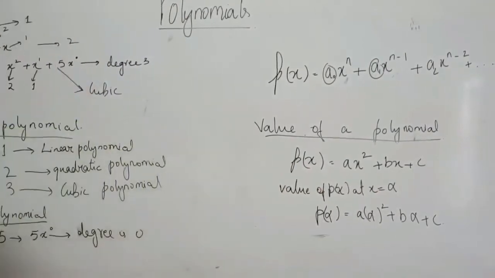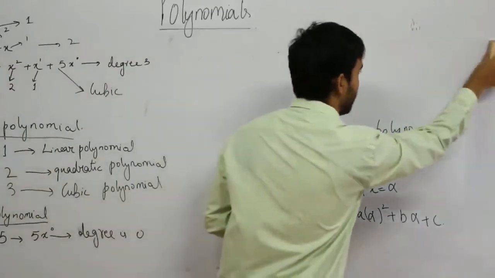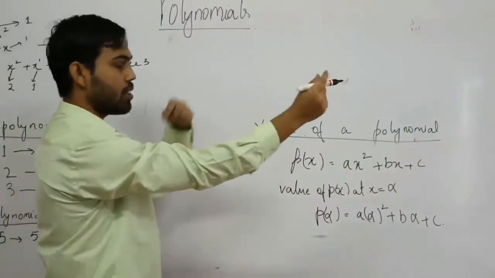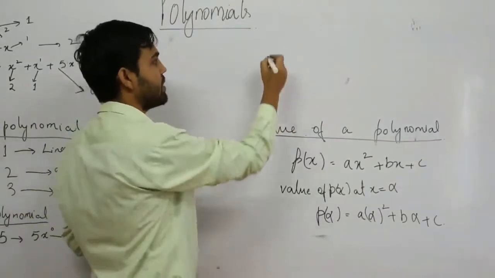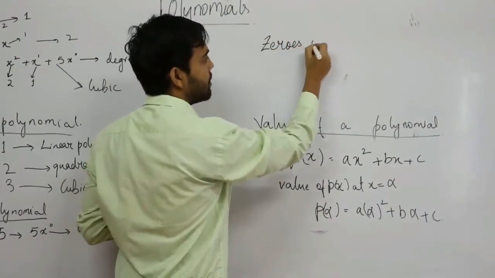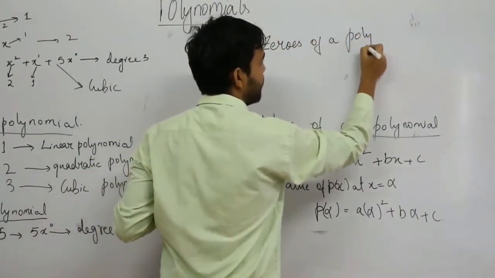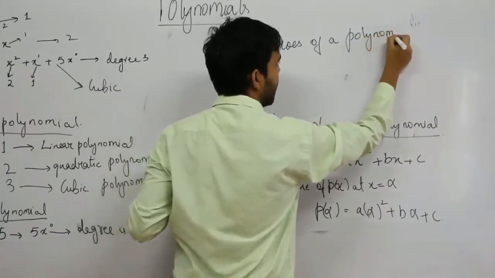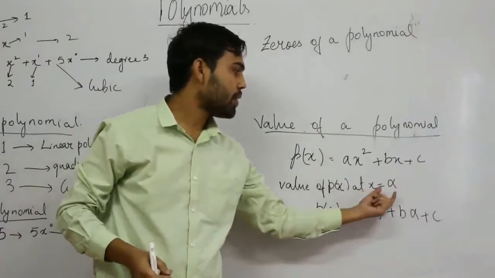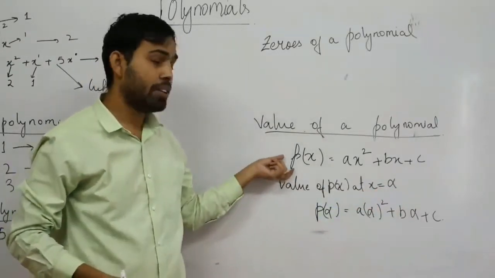Okay, again with this I have another important concept. Zeros of a polynomial. What do we understand by zeros of a polynomial? This is very important. See, as we look in here, I can put different values of alpha, and correspondingly I'll get different values of this polynomial P of x.